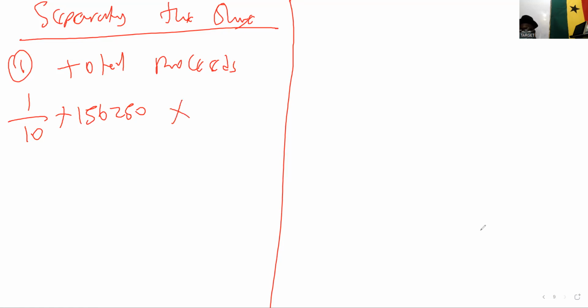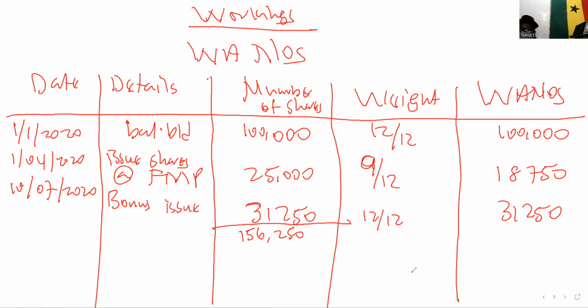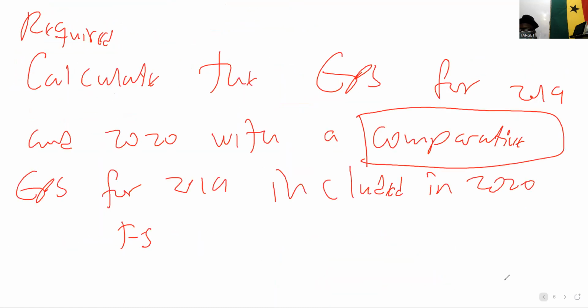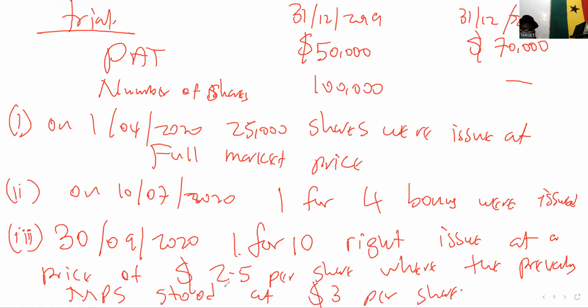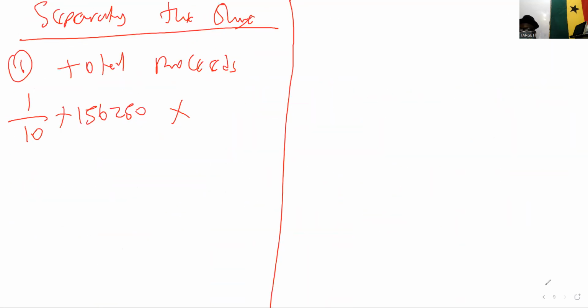Now times the share price. How much did they sell it for? The price at which it was sold was $2.5. So multiplied by 2.5, that's the proceeds. What do you get?